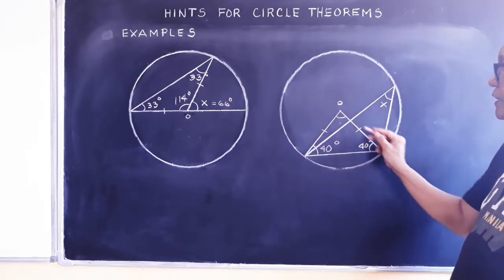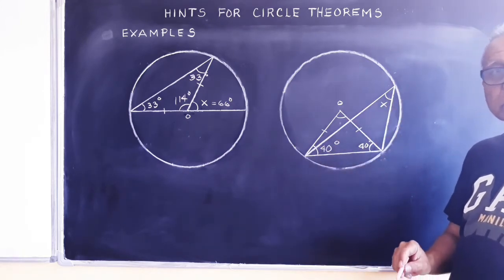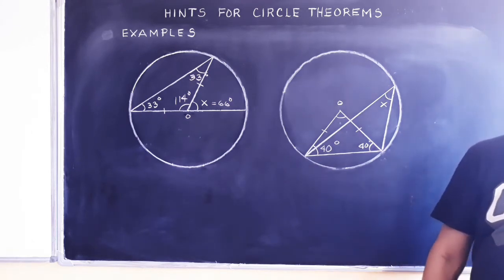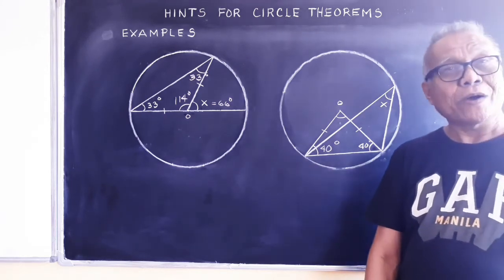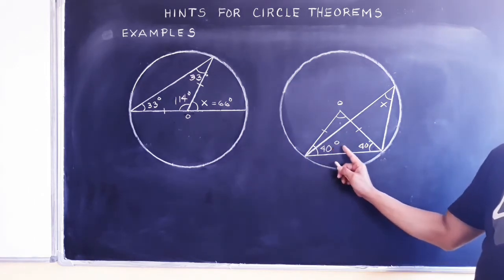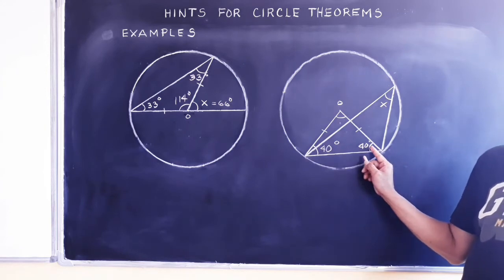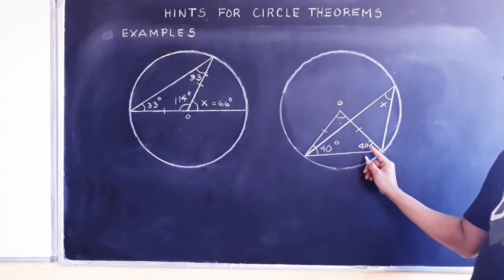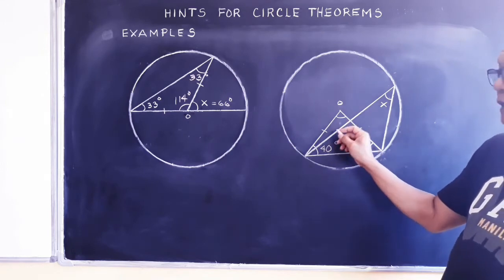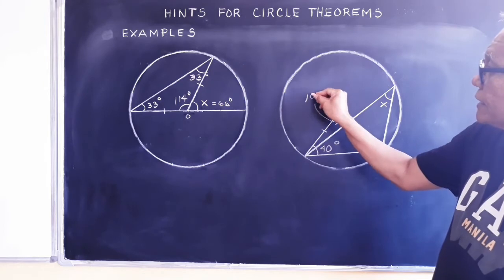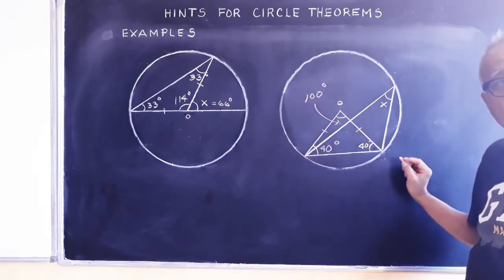This is a triangle, and in any triangle, the sum of the interior angles is always equal to 180 degrees. So if you add the 40 and the 40 here, that is 80 degrees. We subtract it from 180, and that central angle there will be 100 degrees.